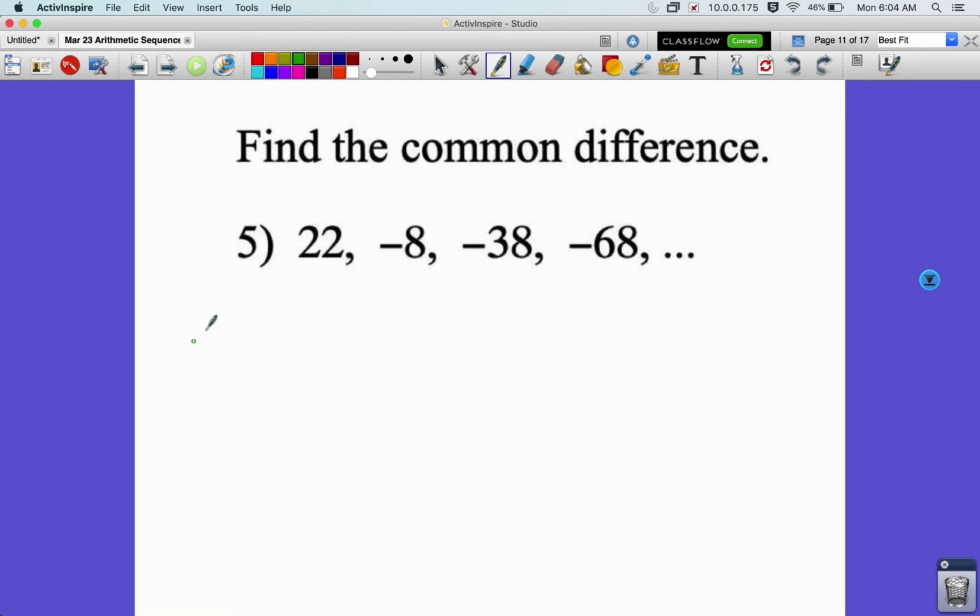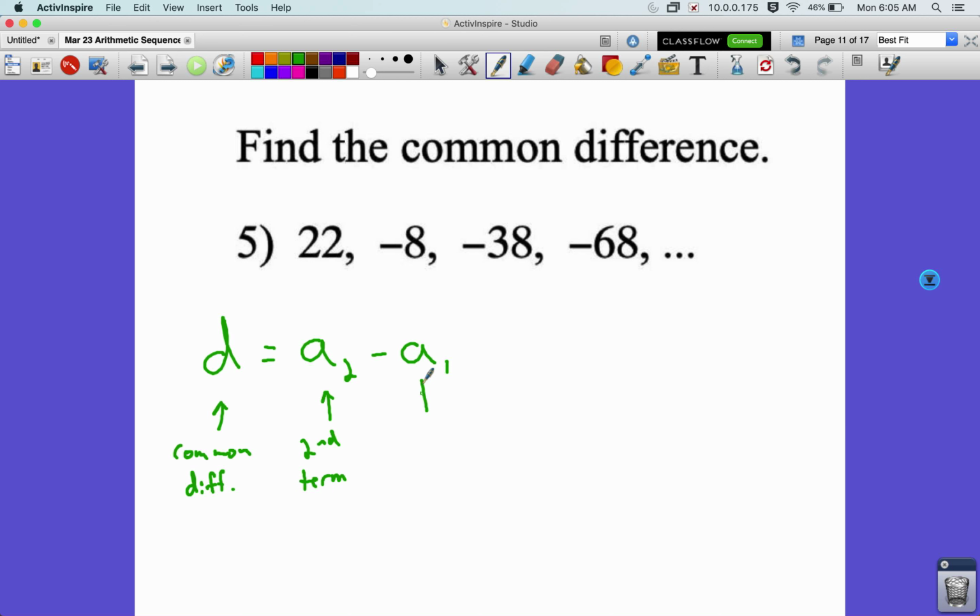A foolproof way to find the common difference is to say that d, our common difference, equals a sub 2 minus a sub 1. So this is the common difference. This is our second term.